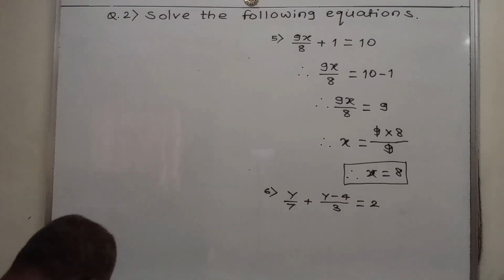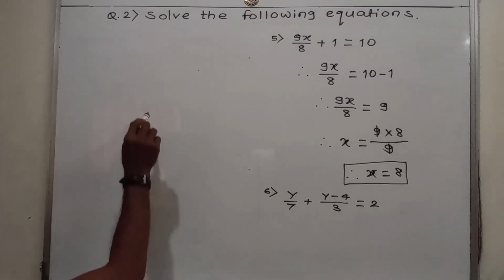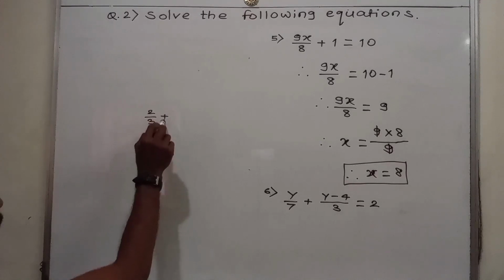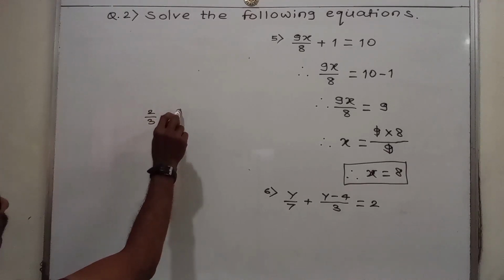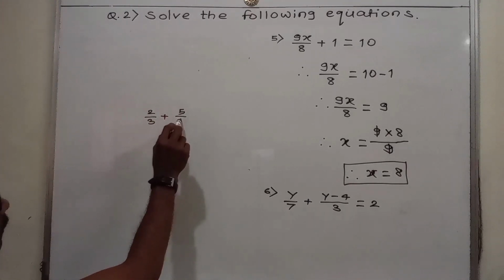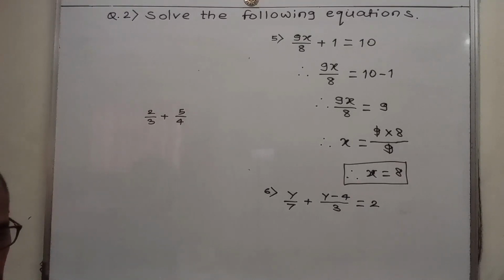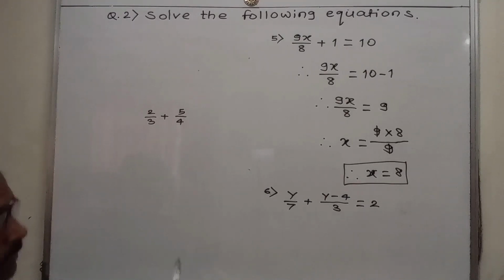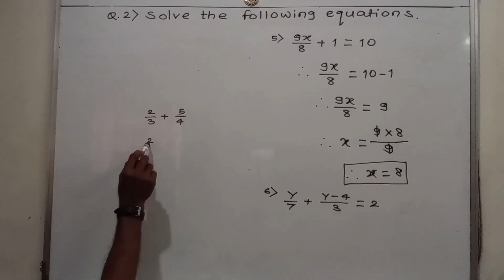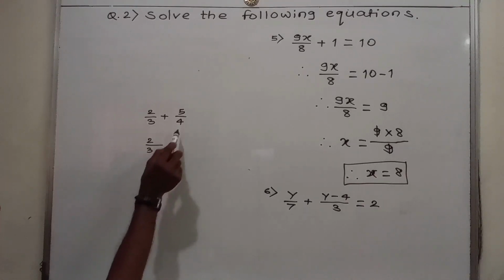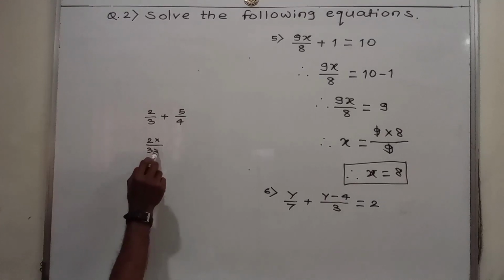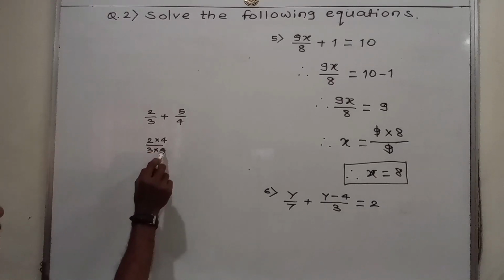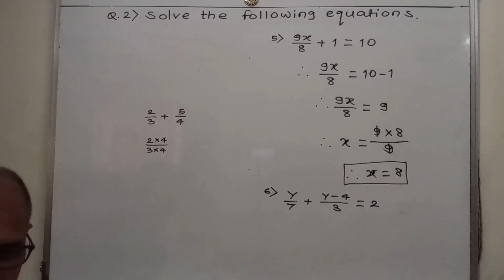See here, this way. Suppose here 2 upon 3 plus, suppose here 5 upon 4. Then we equate denominators this way. 2 upon 3, we take this denominator and multiply to both of these. You know this method?